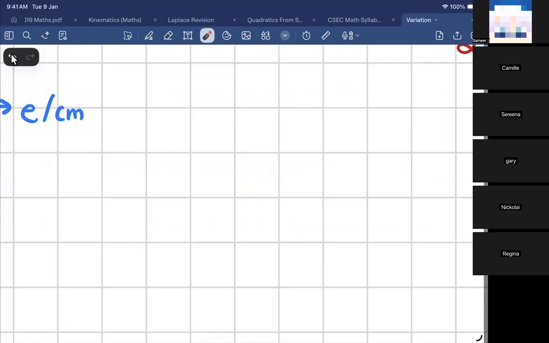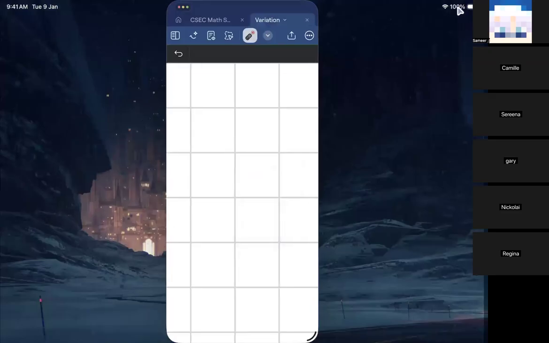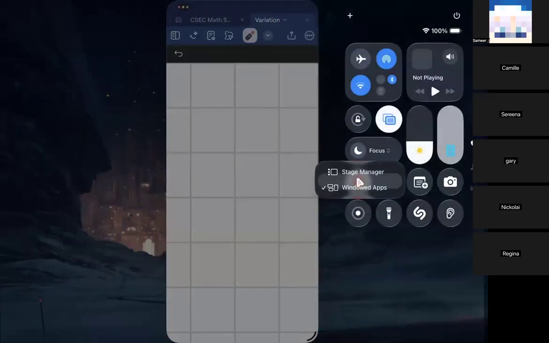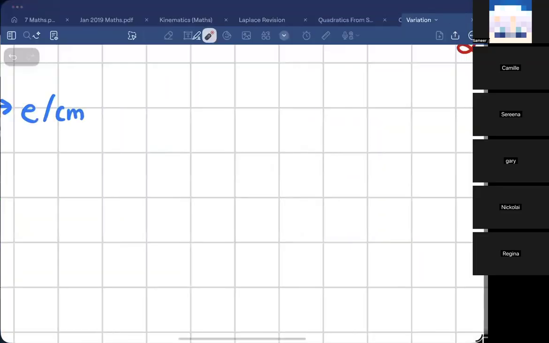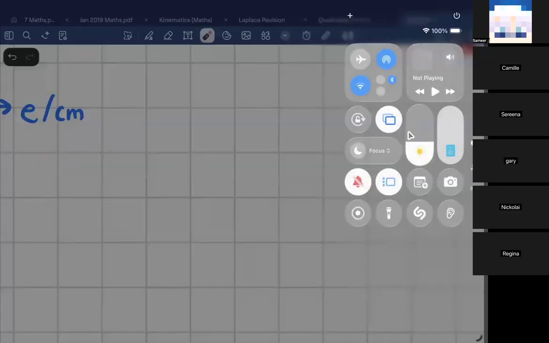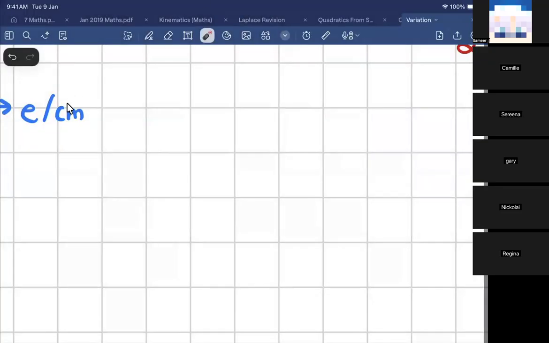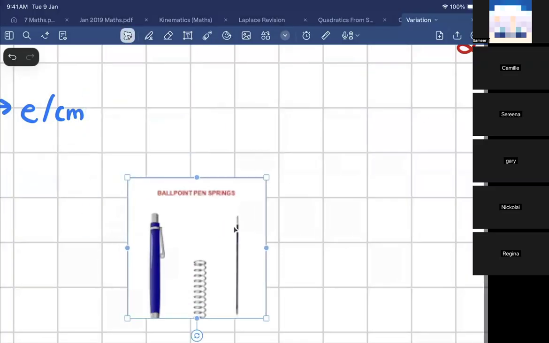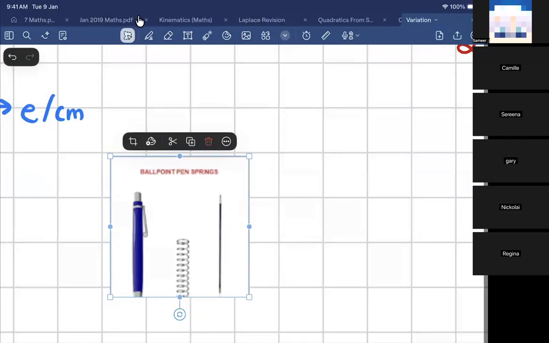Let me show you something. All right, so watch this. Which one do you think would be easier to extend, that spring or this spring?